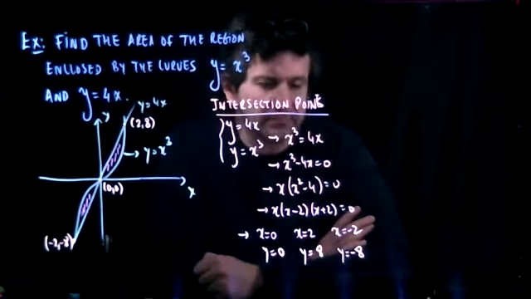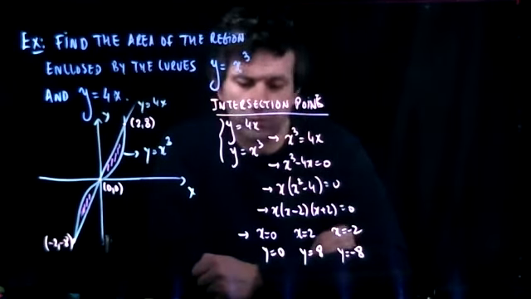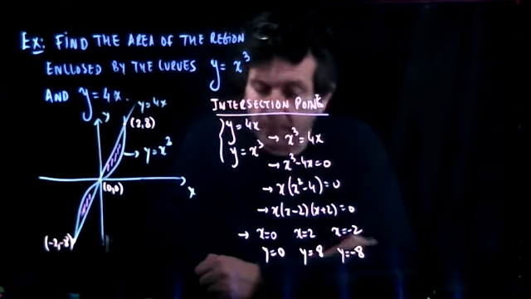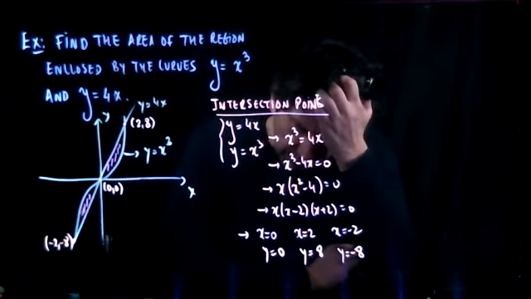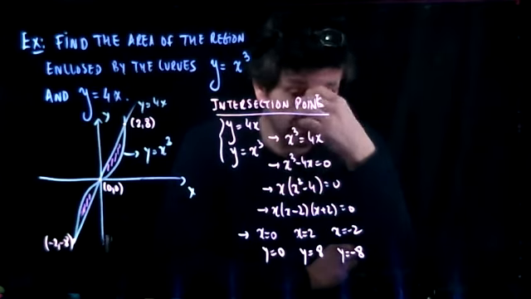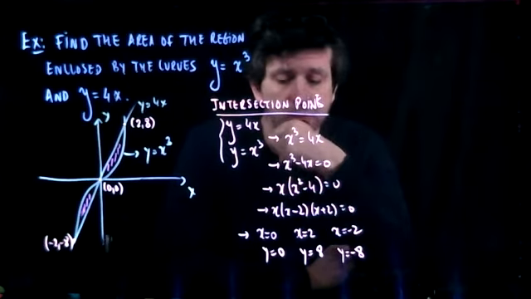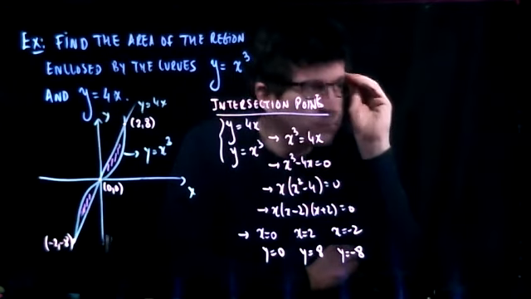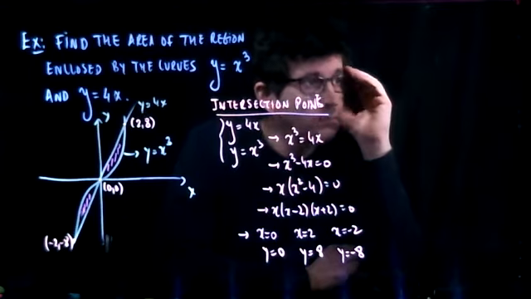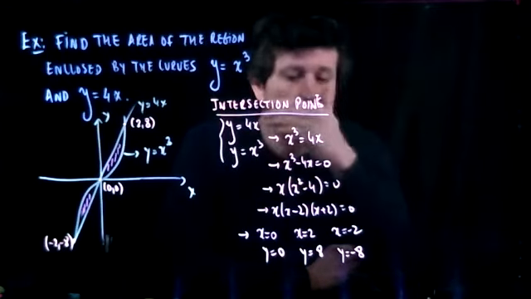Oh yeah, I didn't see that. What I did was divide by x, so I took out the x from both sides, and then I did x squared equals 4, and then x equals negative 2 and x equals 2. But I didn't get x equals 0. You know why?